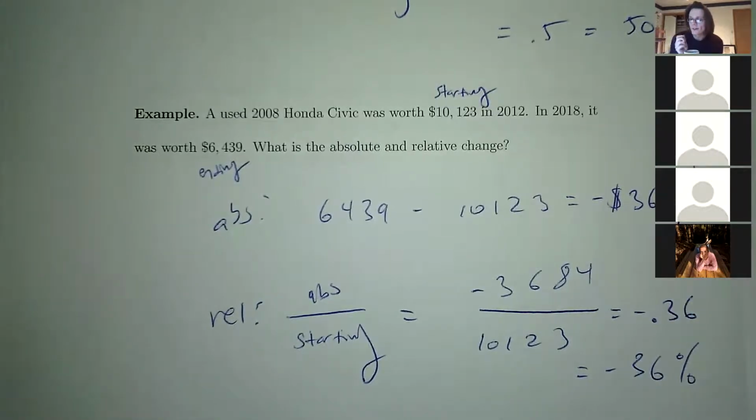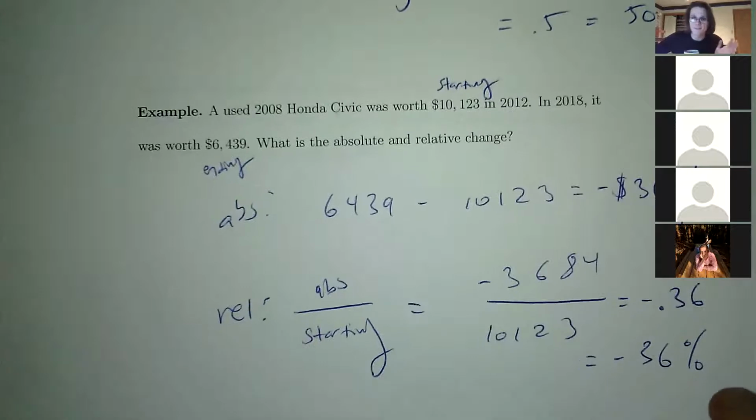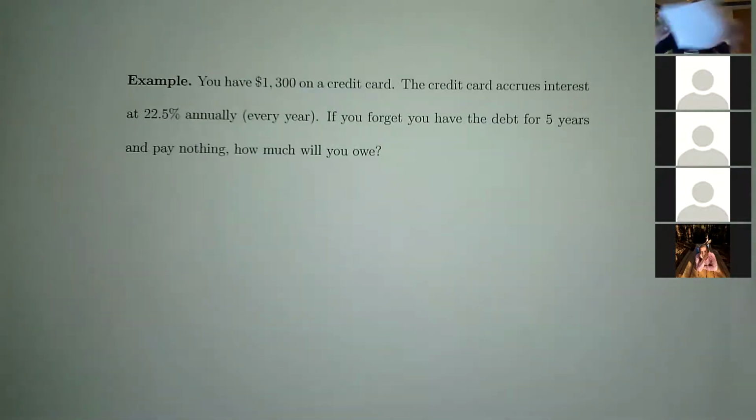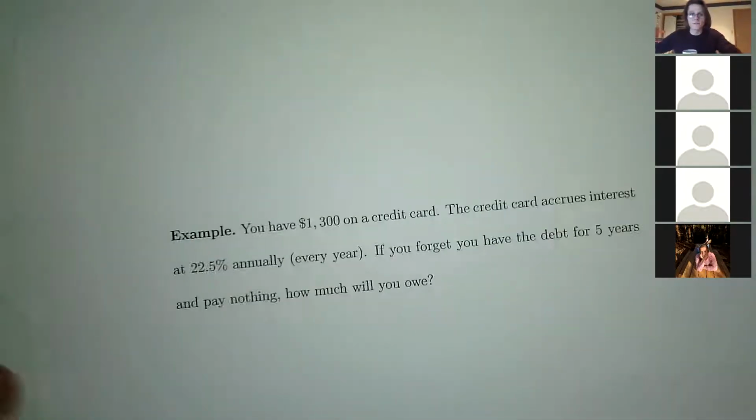Now, if my starting value was like 50K and I lost 3 grand and I computed this, I found that it was only 36%, there'd be a problem, right? Because 30% of 50K is not 3,000. So it makes sure that it makes sense with a quick eyeball check. But it shouldn't have any problems. If you do, that's okay though.